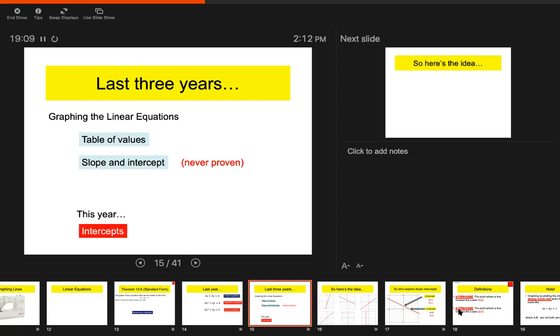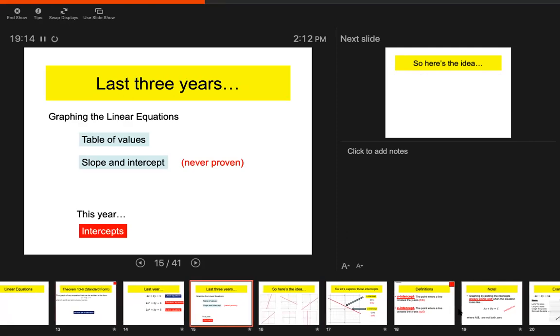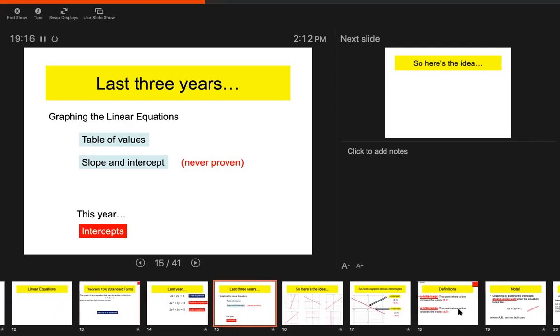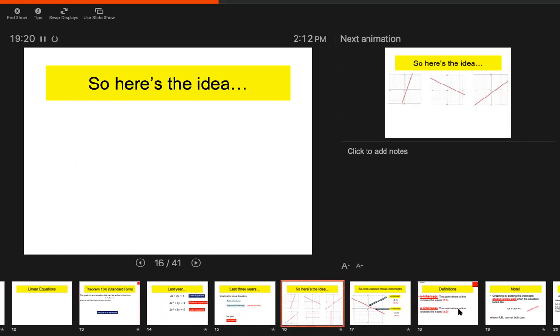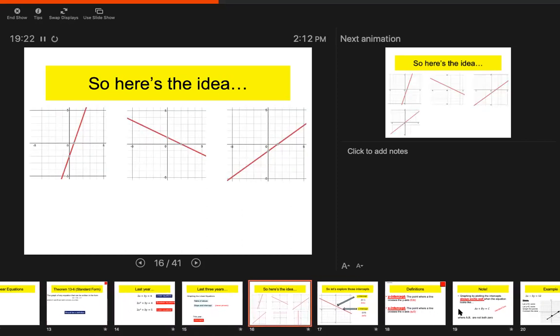Okay. All right. So it's called graphing the intercepts. Intercepts is used often. Like you get to pre-calculus, it's like the primary way that we graph things. Hey, graph the intercepts. Okay. So here's the idea. All lines, whether they're vertical, horizontal, or diagonal, must cross at least how many axes? One.